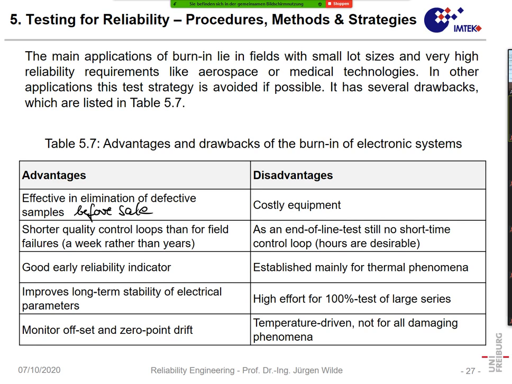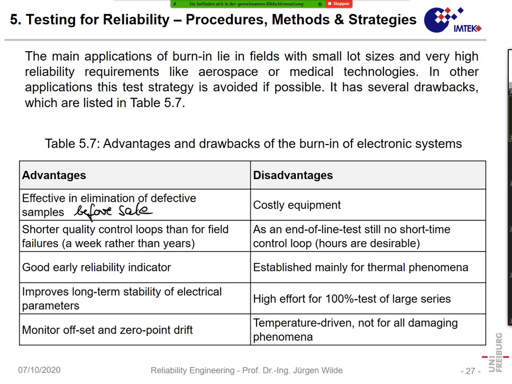So that means maybe it's only a week or even days, rather than longer times, which can be years or so. It will not help you as a manufacturer when you know that you have done something wrong a year ago or so. Then you have no more chance to correct it or to set up a better production, because all things have changed anyway.